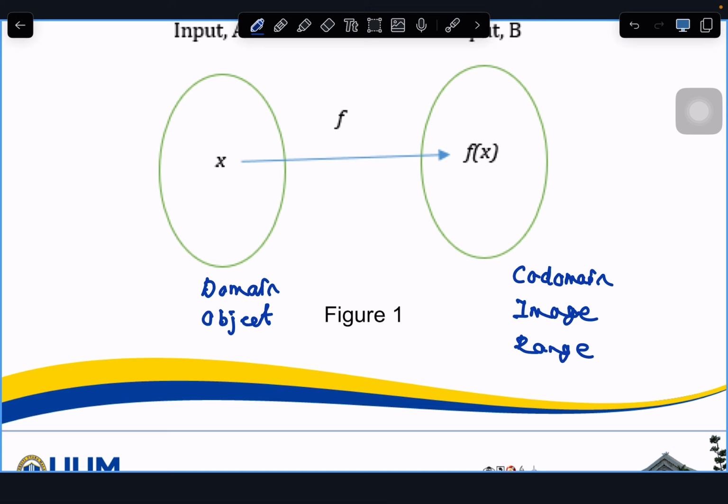Alright. Codomain and range here, are they the same?